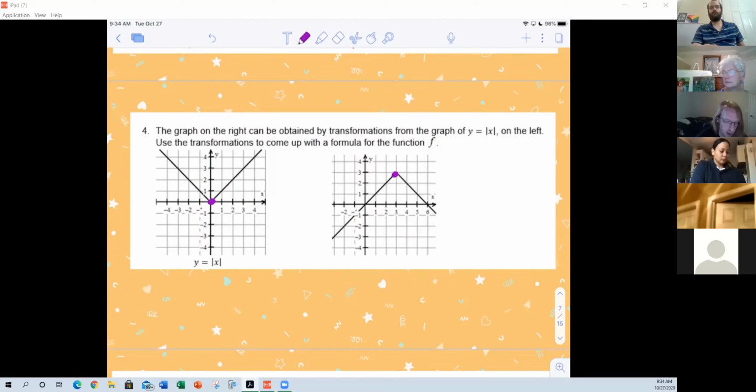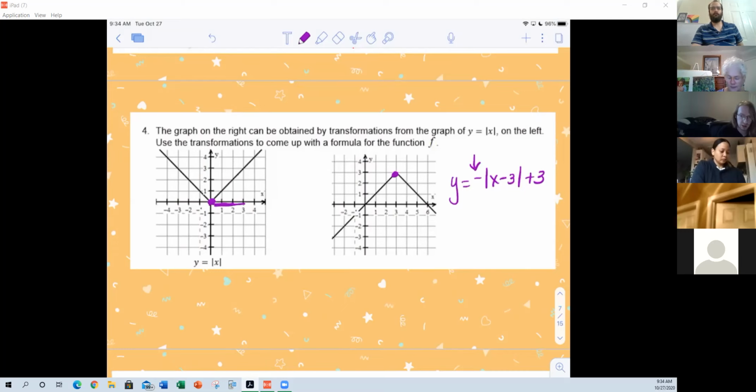I got the negative absolute value of x minus 3 plus 3. Beautiful. Absolutely. So you see that it flipped. So that means we have to have a negative. Then we see that it shifted to the right 3.